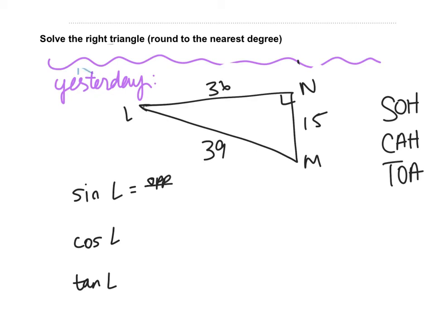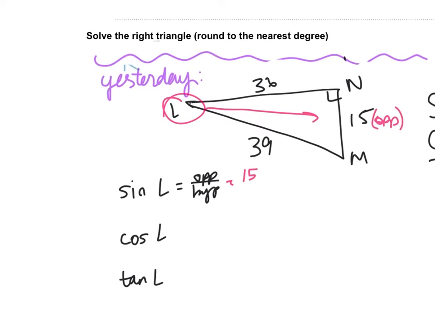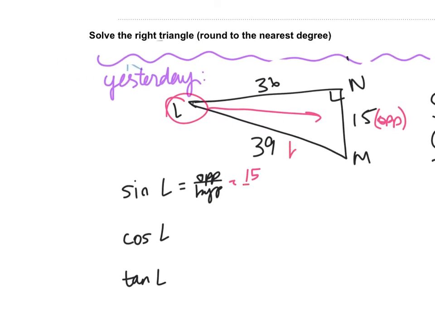Sine is opposite over hypotenuse. I know I'm working with angle L, so I need to find my opposite, which is 15. That is going to be over my hypotenuse, which is 39. If I reduce this fraction, I get 5/13, or if I want to find the decimal, we get 0.38.